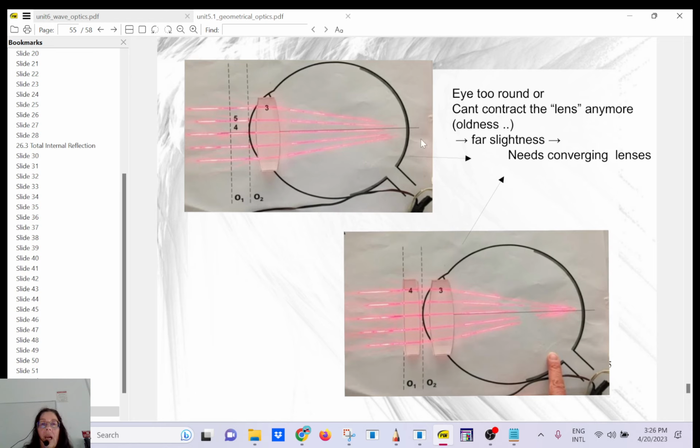Now, what's happening when you get old? When you get old, you are not able to squeeze, to adjust. So this lens that you have in your eyes can be adjusted with muscles attached here. If you try to read something very close, your eyes can adjust because the muscle can make the lens thicker.